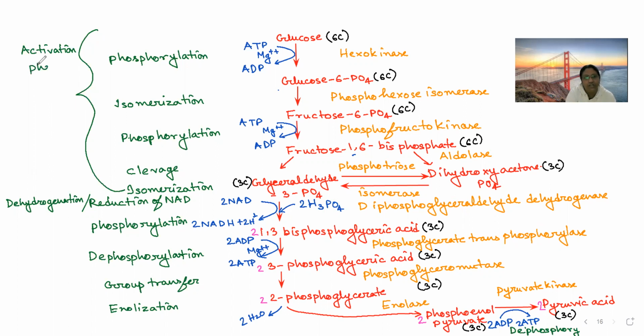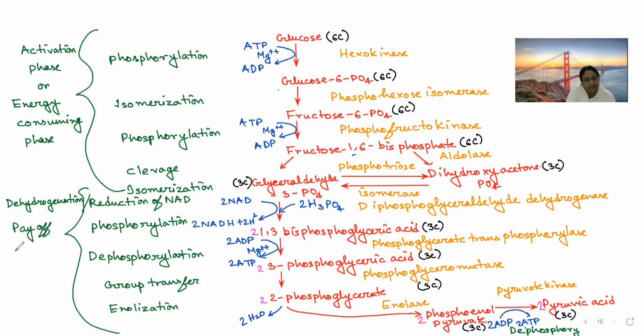So that's why we are calling it the activation phase, or we can use it as the energy consuming phase. And the last, from here to the rest, is known as the payoff phase, or energy producing phase.